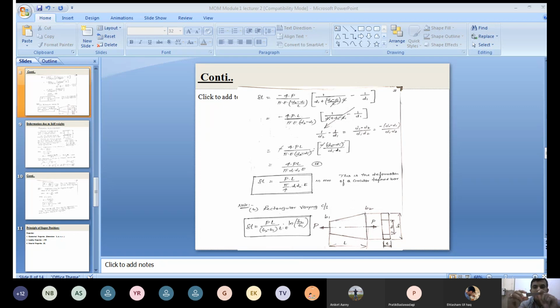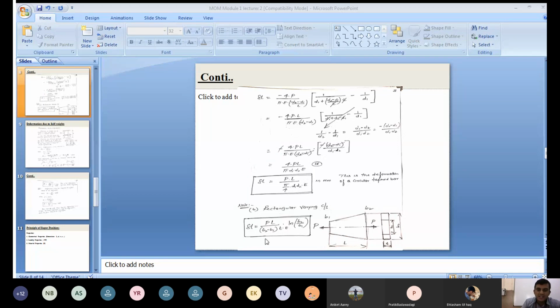At the larger end, it is B2. What is the thickness here? Thickness throughout the length is constant. Thickness will not vary here. And the length of the tapered bar is L. It is subjected to what? A tensile force.